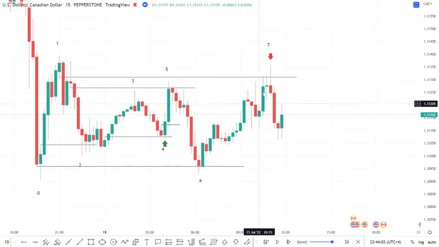Yung frequencies, by the way, is the number of touches doon sa candles sa particular line in question. Kasi the more the line gets tested and proven, the stronger the validation ng line na yun. So, kukuha tayo ng frequency line that cuts through price action and nire-respect ng frequency.